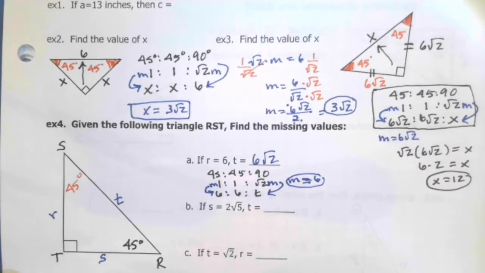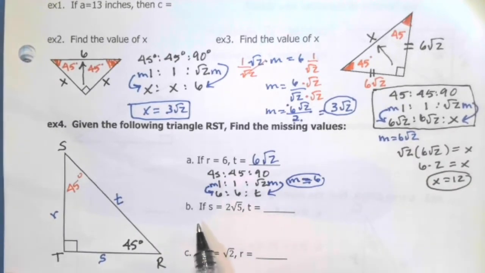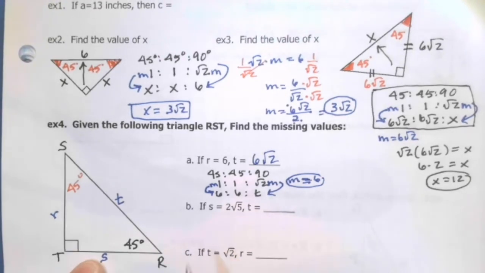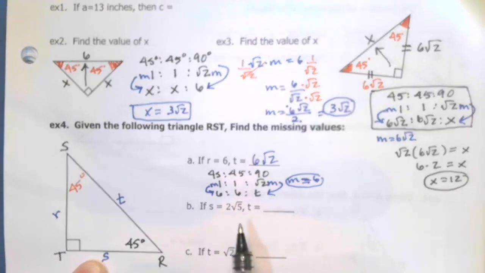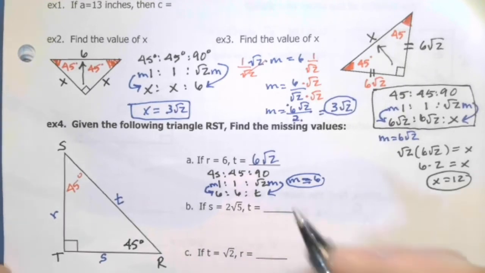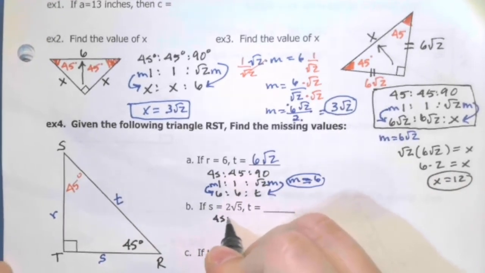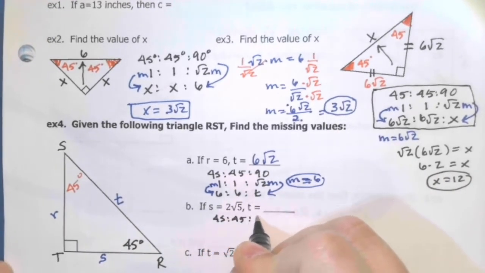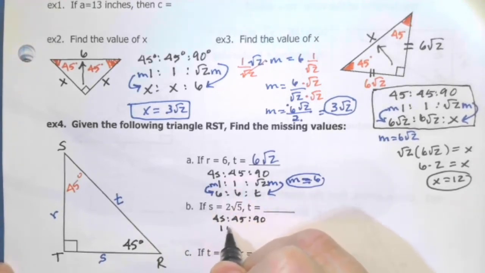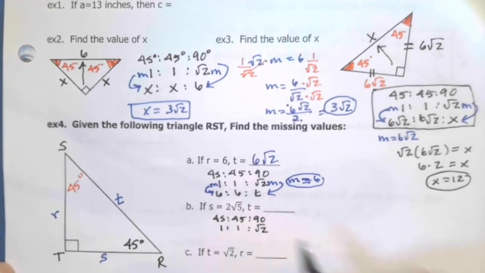All right, let's do another one. If lowercase s, that's this side, is 2 radical 5, what is t? So again, we have a 45, 45, 90 triangle whose sides reduce to 1, 1, radical 2.